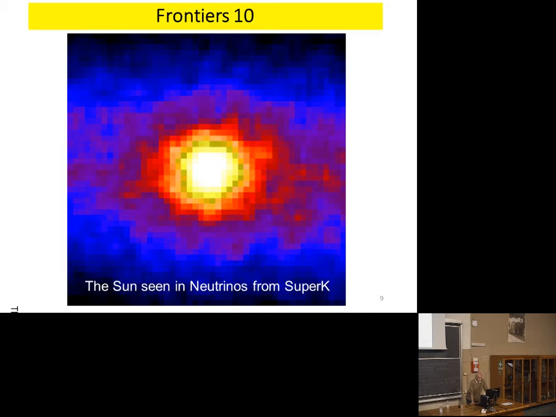So, first the sun. Last week I showed you how the sun burns, and we talked about the fact that at the center of the sun, the engine that makes it go, called fusion, produces neutrinos, we think, or thought. And one of the big accomplishments of the last decades was to actually detect the neutrinos from the sun and then actually be able to image them. This is an image of the sun detecting neutrinos.